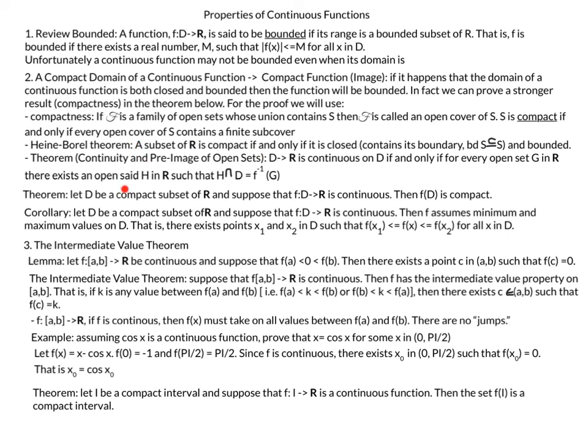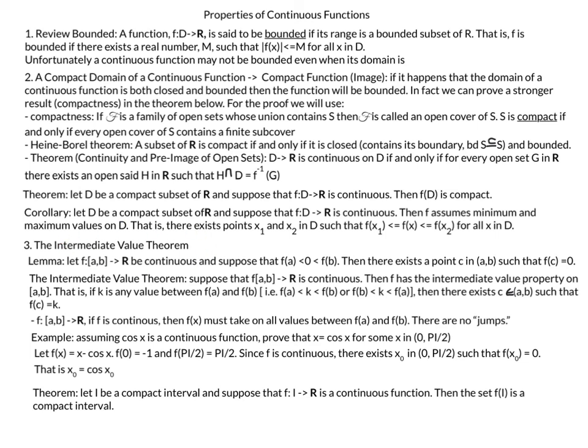And then we talked about how a continuous function will map compact sets into compact sets. We also said if D is a compact set and we have a continuous function, then f will assume its minimum and maximum values on D.